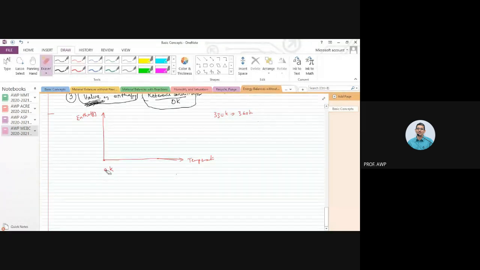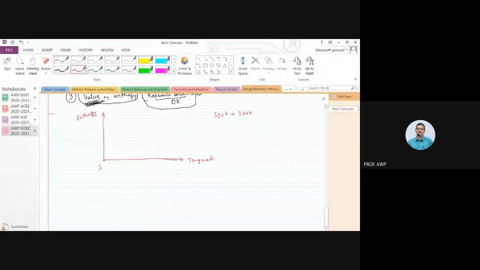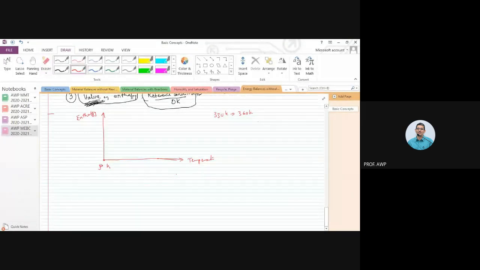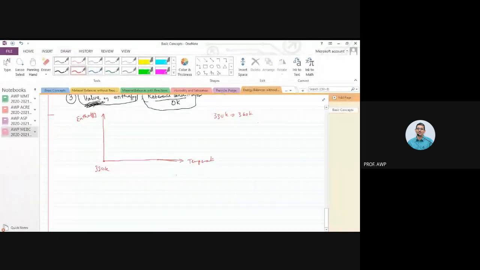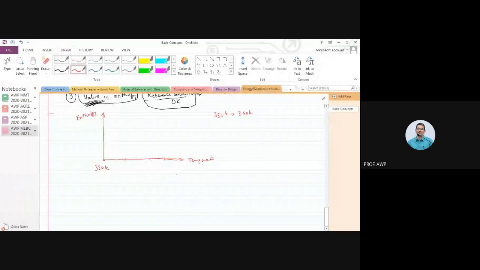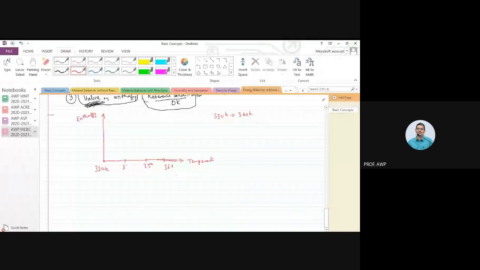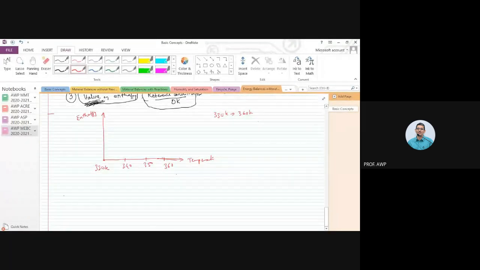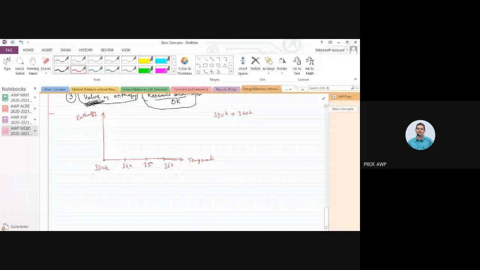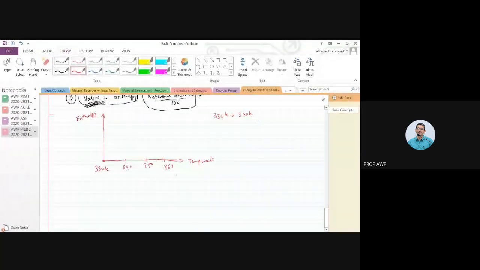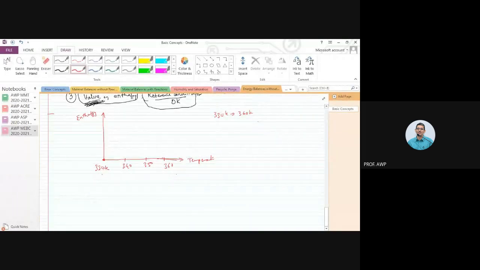Why not we plot this graph x-axis only from 330 Kelvin? And maybe 340 is here, 350 is here, 360 is here. So now the start point of our graph, the origin of our graph, on the x-axis is 330 Kelvin.